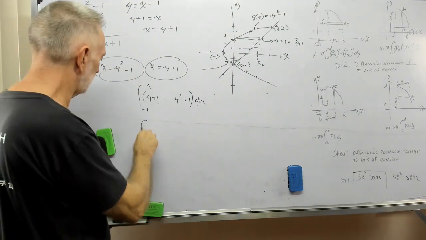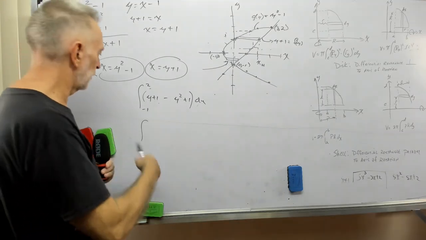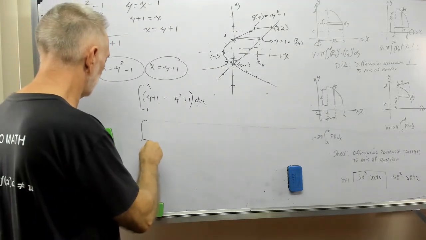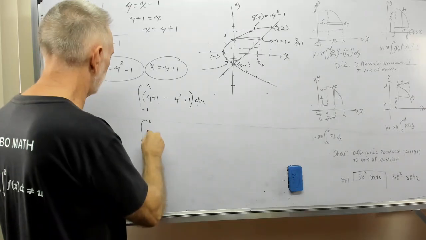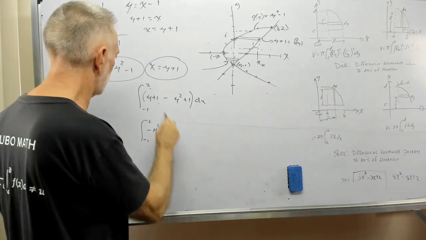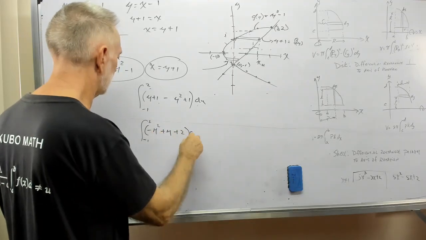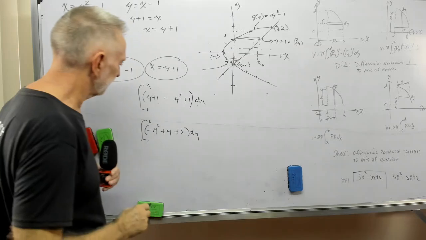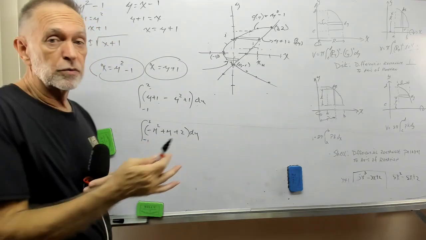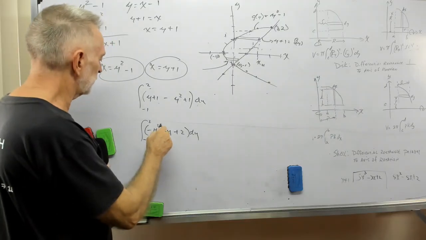I like to keep my highest power terms first, so -1 to 2 of negative y squared plus y plus 2 dy. So I have one integral, not two. Simple enough.